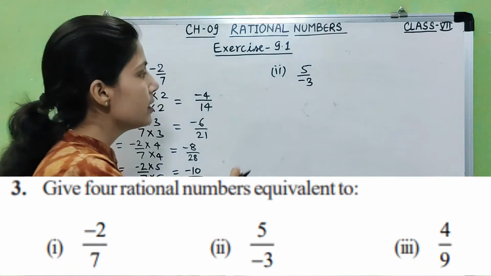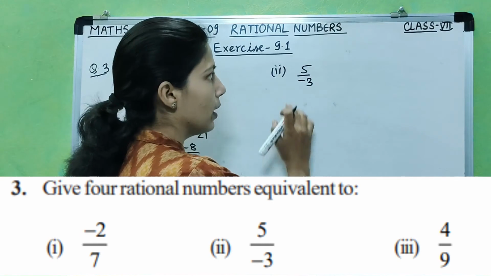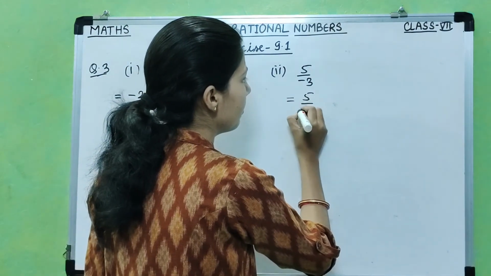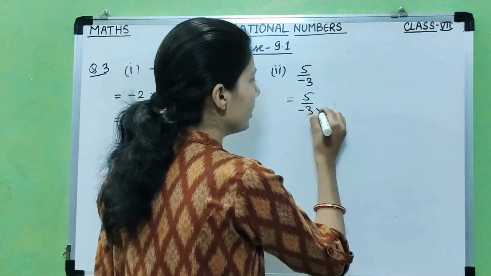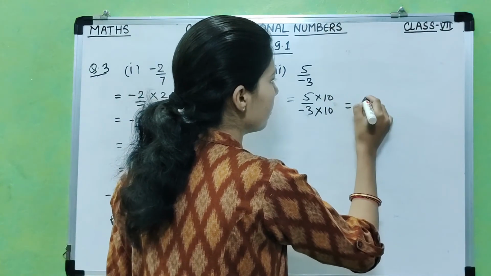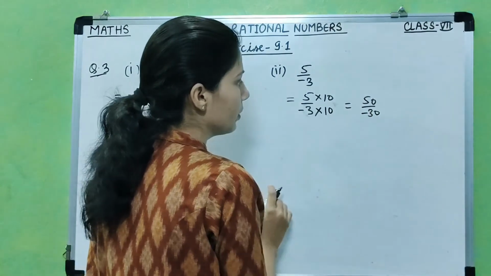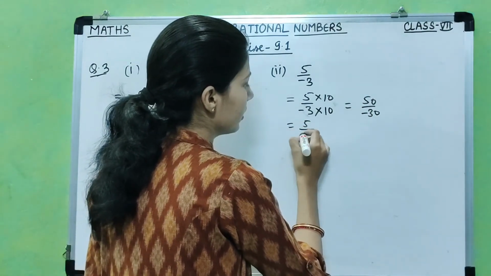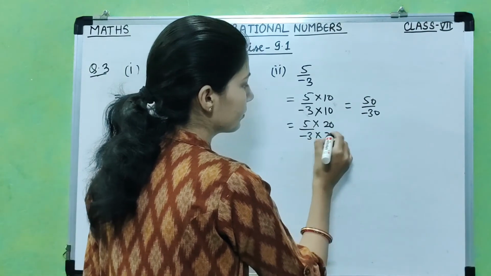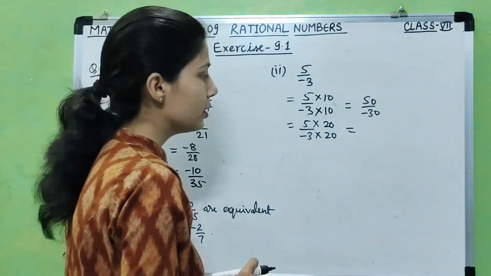Okay. Similarly see this part, 5 upon -3. So you can multiply this 5 upon -3 by any number. Suppose I am multiplying here by 10. So 10 5s are 50 and 10 minus 3s are -30. Okay. Second, I am multiplying by 20 because we can multiply by the same number in numerator as well as in denominator.